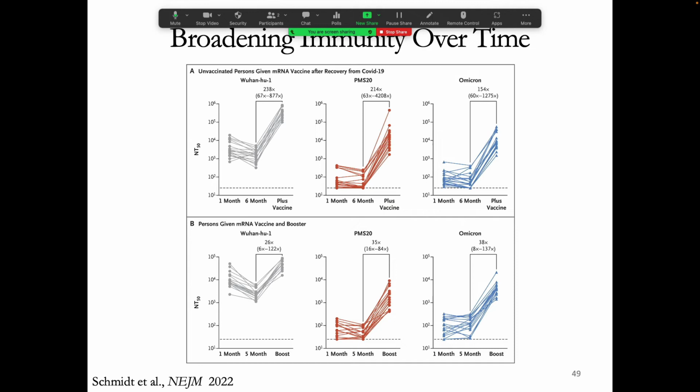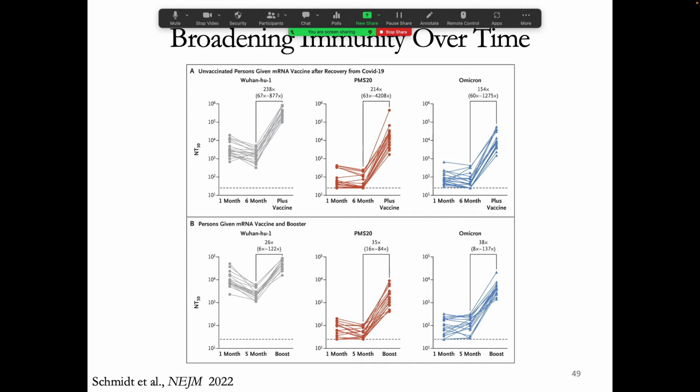After your infection, you don't make antibodies to this different one. The antibodies are specific to the one you got infected with. Similarly, when you got your vaccine, you got a vaccine against the original. So you don't make good antibodies. Blue is Omicron. Oh my gosh. You get infected, you don't have good antibodies against Omicron. You get vaccinated, you don't get great antibodies against Omicron.